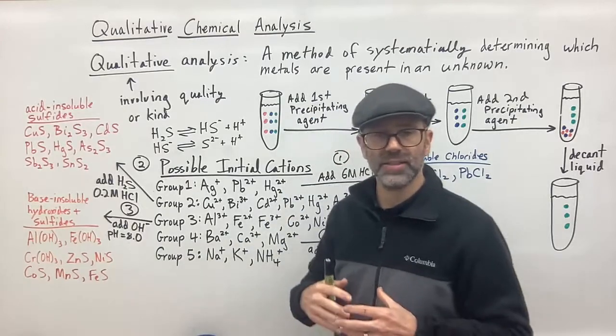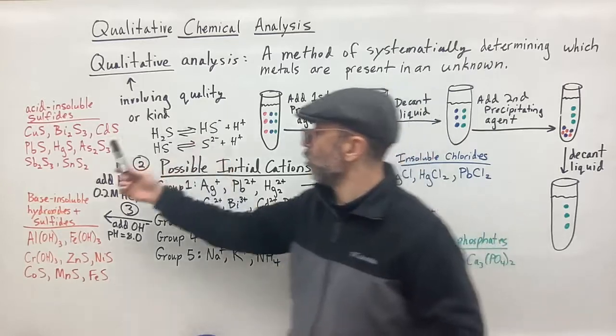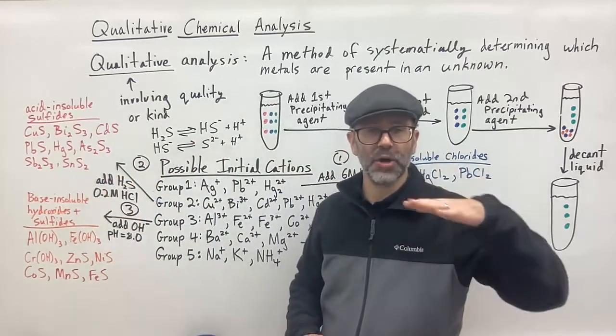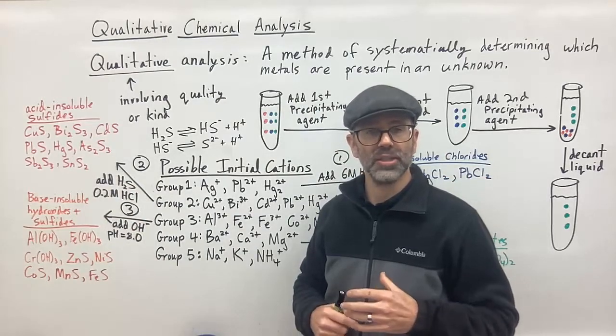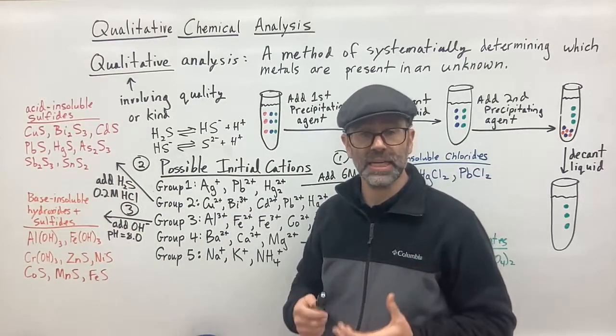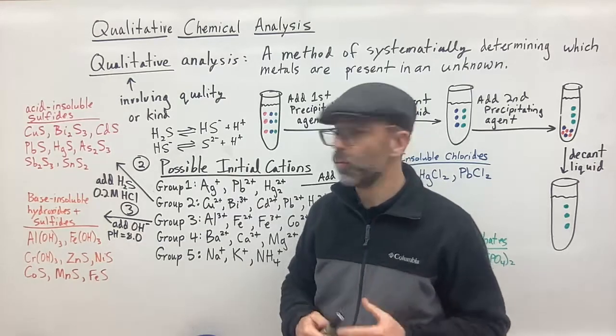And so only the metals that form sulfides, let me word it this way: only the sulfides that have a very low solubility, or a very low KSP value, are the ones that are going to precipitate out at this point.